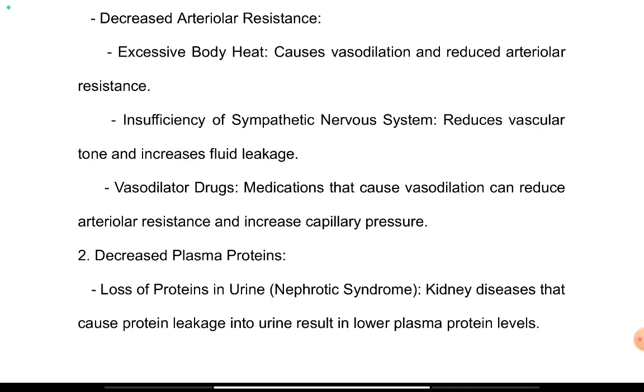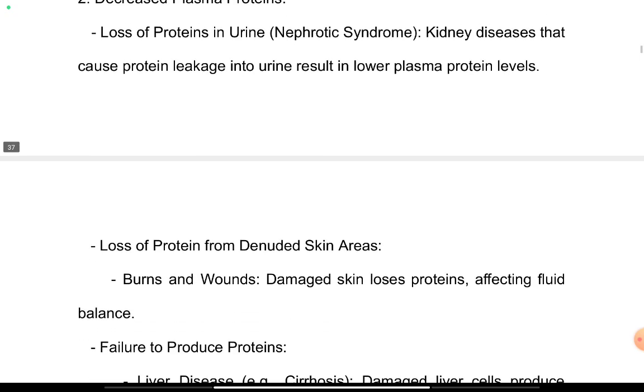So in a case when there is loss of this sympathetic tone, as a result of maybe damage to the spinal cord, or other disease of the nervous system, the vessels become dilated, and that can actually cause fluid leakage. So decreased plasma protein, we have explained. Nephrotic syndrome, loss of protein in the urine, that has been explained.